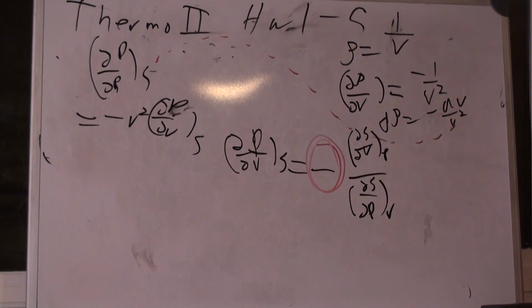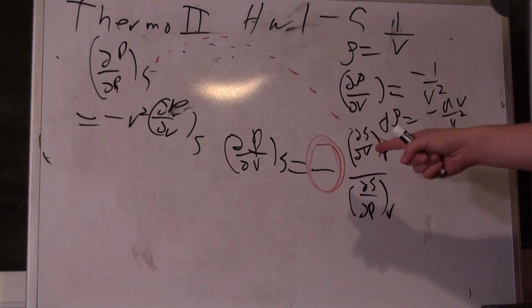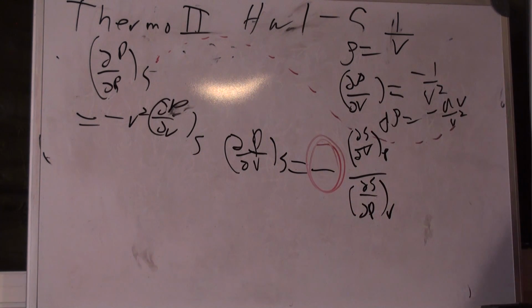Okay, ds dv at constant p. Do I have a ds dv at constant p? No. Do I have a dv ds at constant p? I do. Doesn't help me. Why not? Because s is still there. I cannot use Maxwell's relationships at this point unless it gets rid of the s or makes it a heat capacity relationship. So that's a no-go.